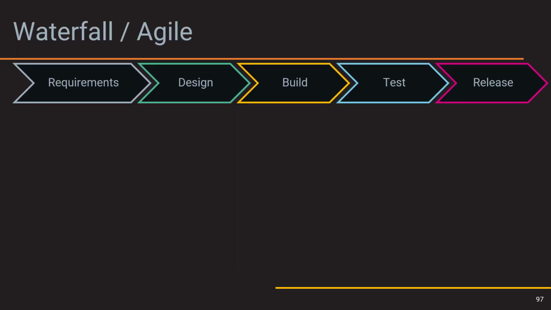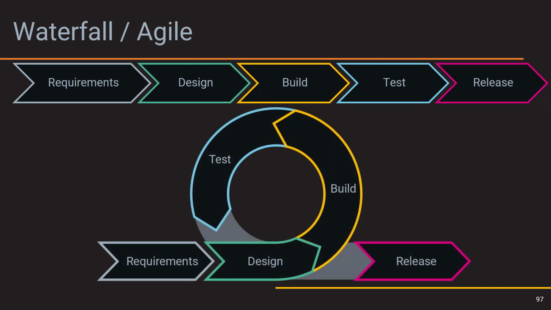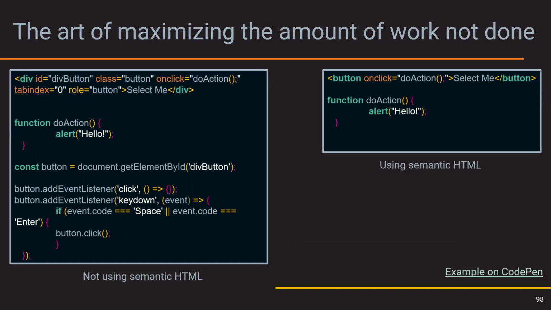While the graphic I've been using is presented more of a waterfall format, this is just as applicable in Agile. In the full slide deck, I've added sections from the Agile Manifesto and how they can be related to accessibility. But to show you one today, the art of maximizing the amount of work not done is always an attractive proposition.